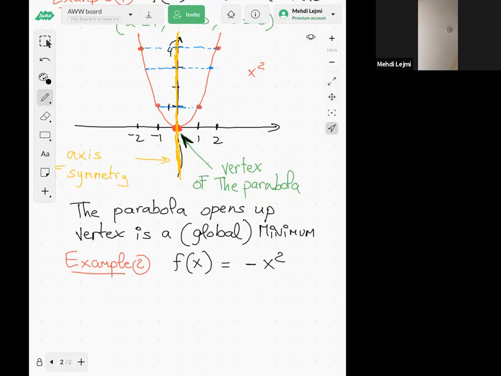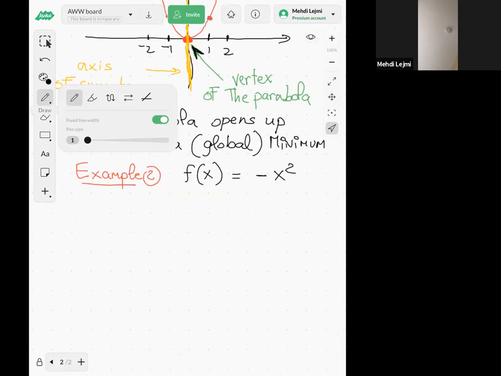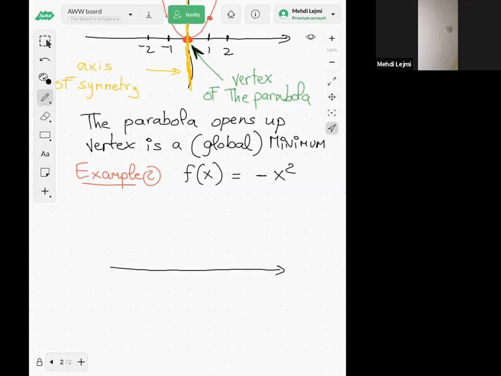So let's graph minus x squared. Right, so this is 0, this is, let's say, 1, 2, negative 1, negative 2.